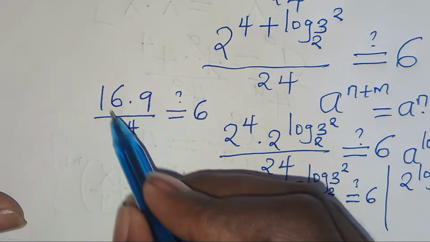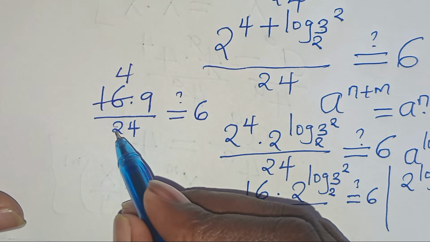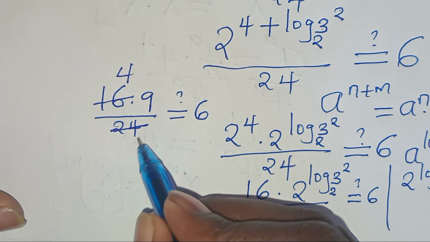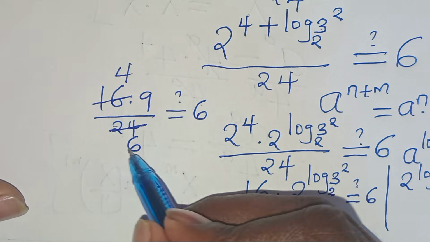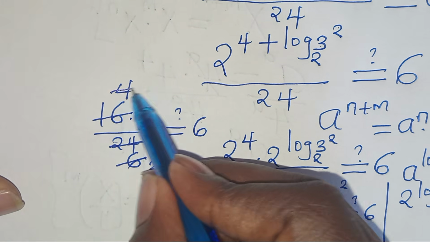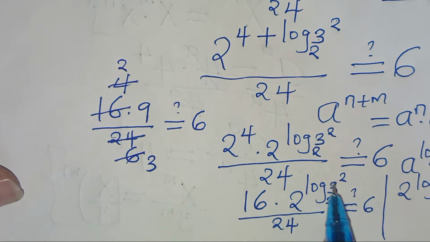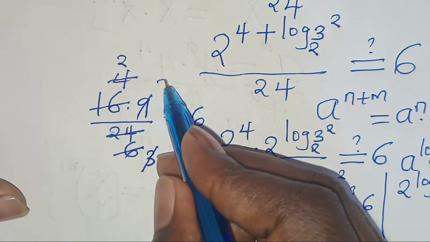Now we have 16 divided by 4, this is 4. Then we have 24 divided by 4, this is 6. Then 6 divided by 2 is 3. Then 4 divided by 2 is 2. Then we have 9 divided by 3, which is 3.